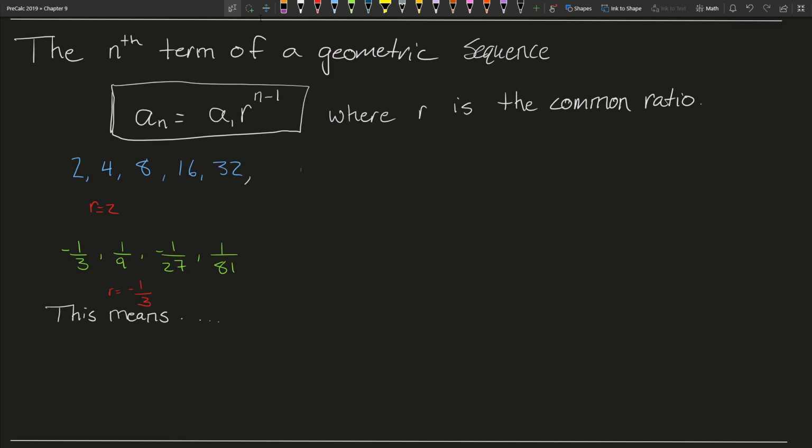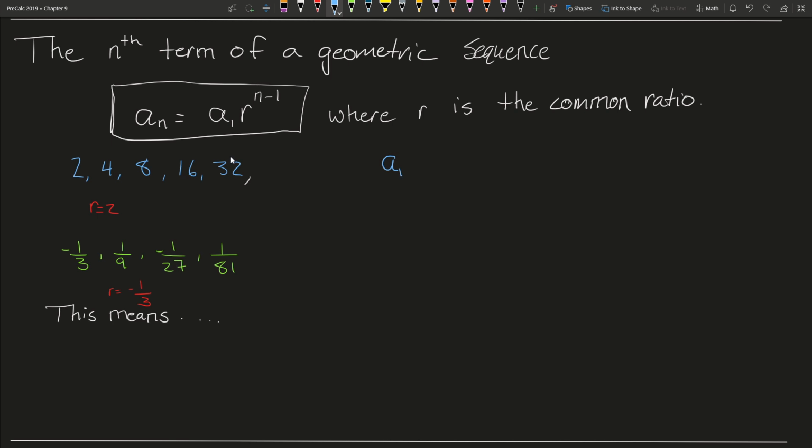All right, so for example, I have two sequences here, so let's start with blue. In blue, we have 2, 4, 8, 16, 32. If we find our common ratio, which we did up above, we get r is equal to 2. So in order to find the nth term of this sequence, we just follow that equation.